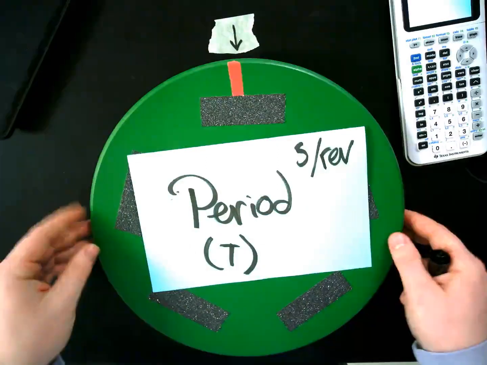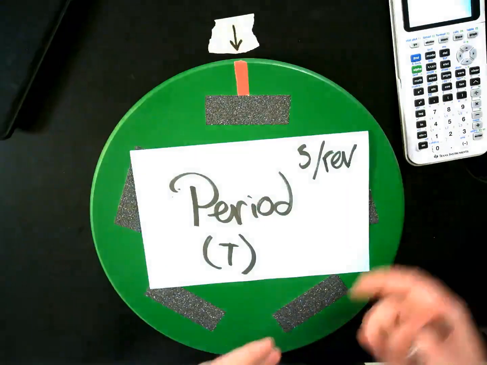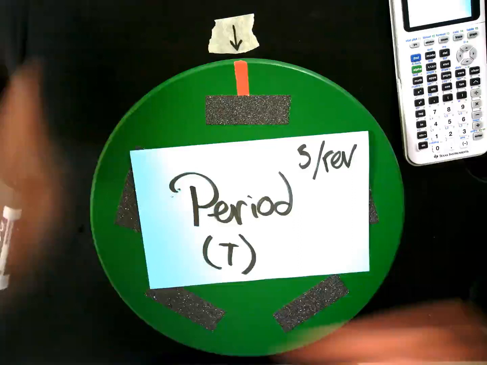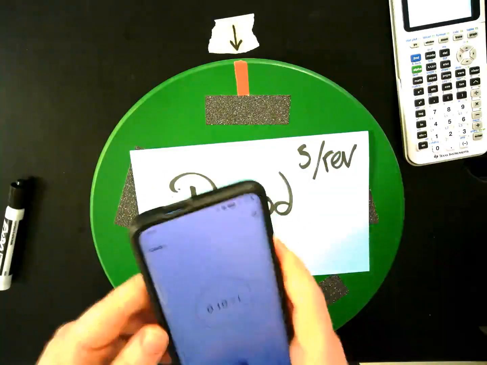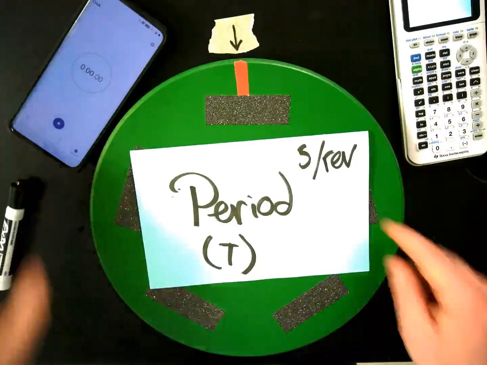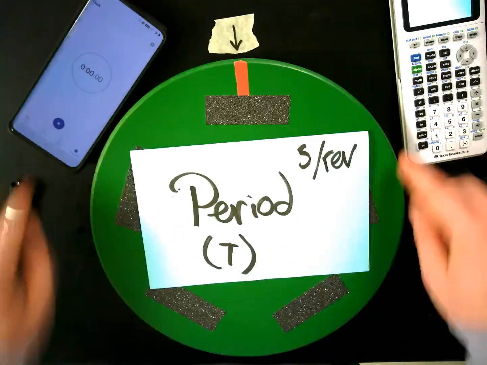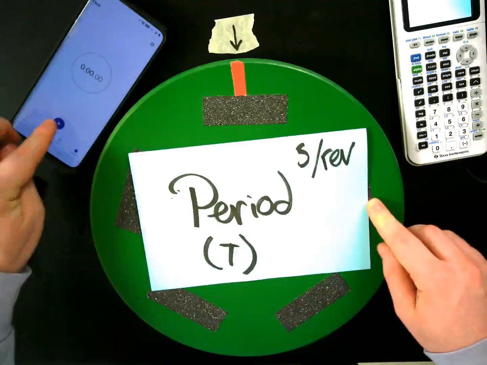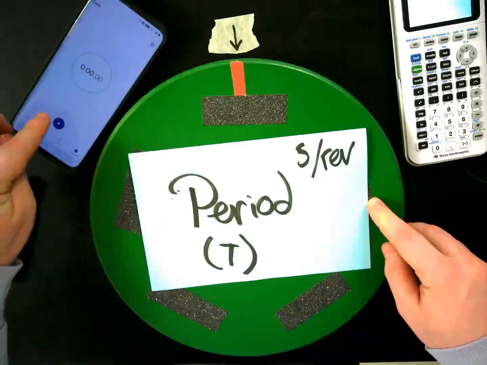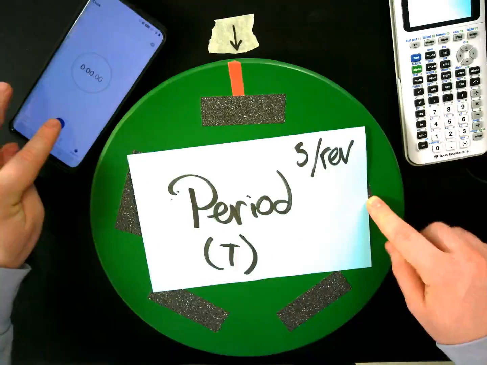Now, period is again used typically for slower things, but we would calculate it more or less the same. So I've got my timer here, and I'm going to go roughly the same speed that I did last time. I'm going to try to start my timer and start moving this at the same time, at roughly the same velocity.